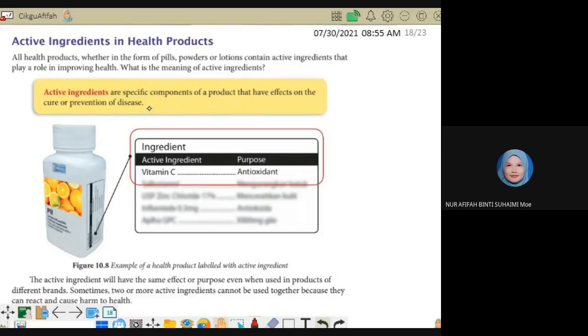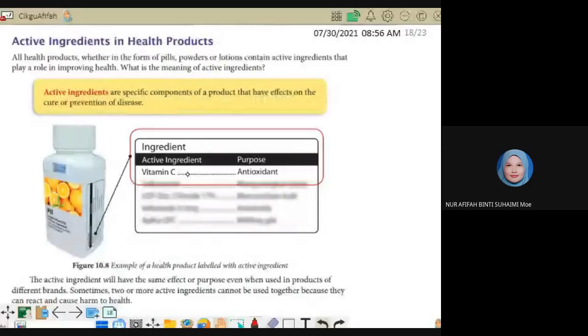Okay, active ingredients are specific component of a product that have effect on the cure or prevention of disease. So kita nak fokus kepada apa? Kita nak cari suplemen tu tentang apa? Okay. So kalau contoh vitamin C, suplemen untuk kulit ke, so kita tengok dia punya active ingredient adalah vitamin C lah, as an antioxidant. Okay. So kita tengok dia punya active ingredient, specific component yang penting dalam suplemen, dalam ubat tu.